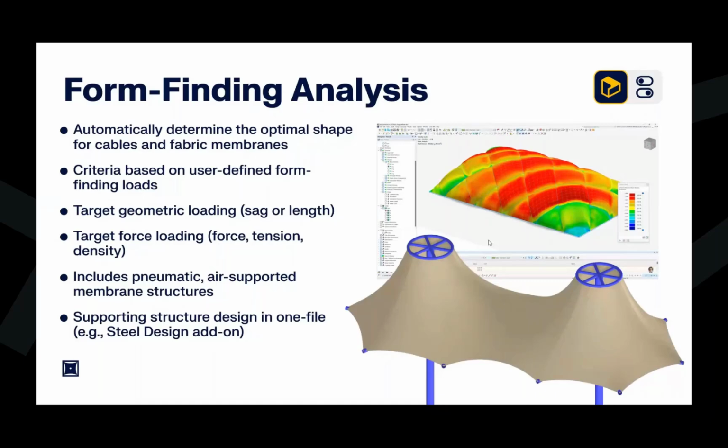Now, not only can we do fabric tensile structures, but also pneumatic air-supported membrane structures, such as you see over here on the right-hand side, are also possible with this add-on. And again, emphasizing that this add-on is not just specific to the fabric membranes, we can pair this with the steel design add-on to get the supporting structure design.